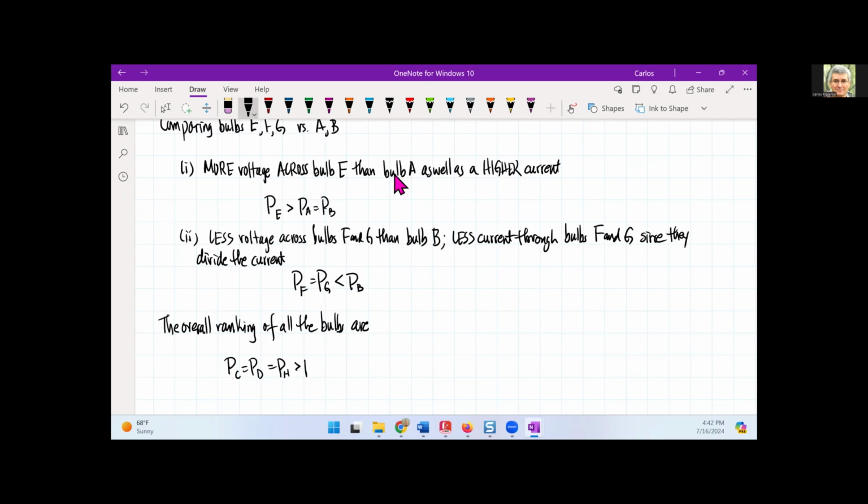And then the next brightest one has to be PE. And then we have all the series ones. So we get A equals B equals I equals J. And then the dimmest ones are F and G. F is the same as G. Here are the rankings.